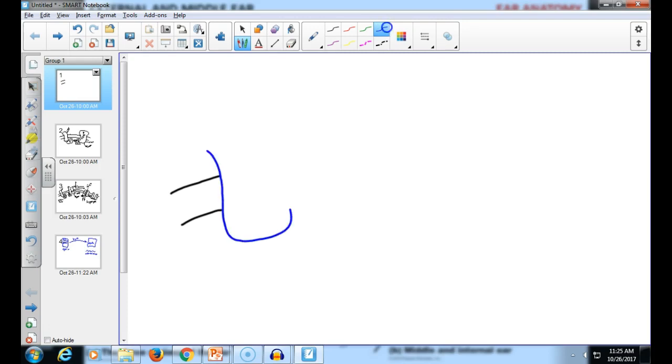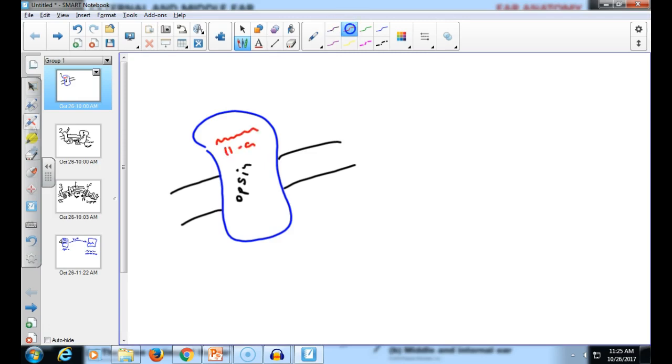Transmembrane. And what is it bound to? Okay. So when light interacts with 11 cis retinal, 11 cis becomes all trans. And it dissociates.